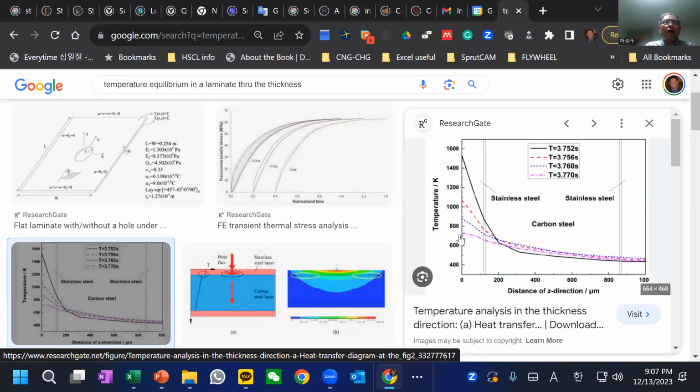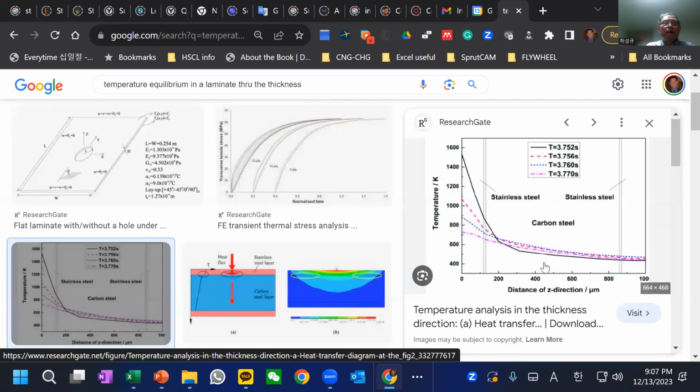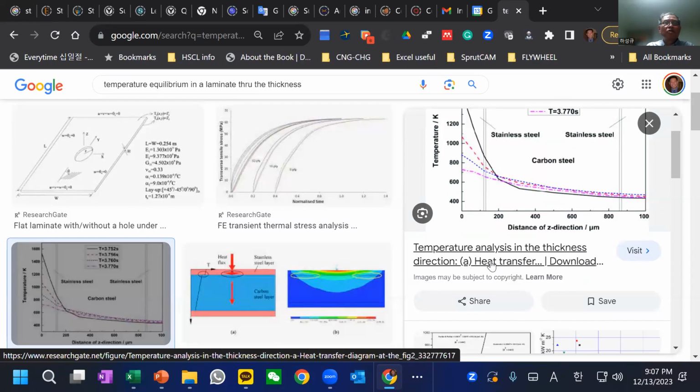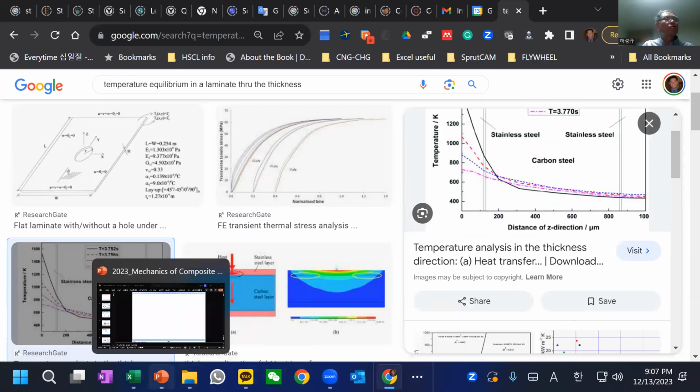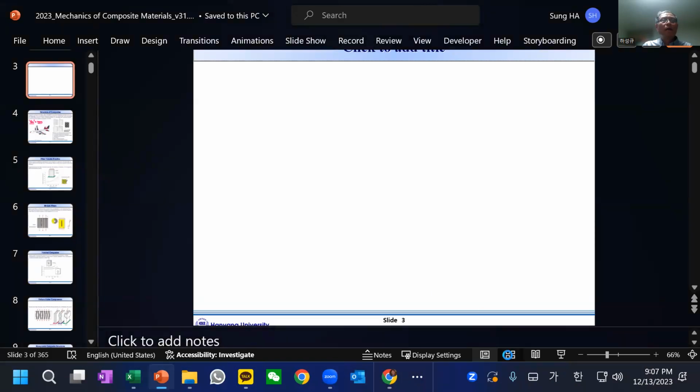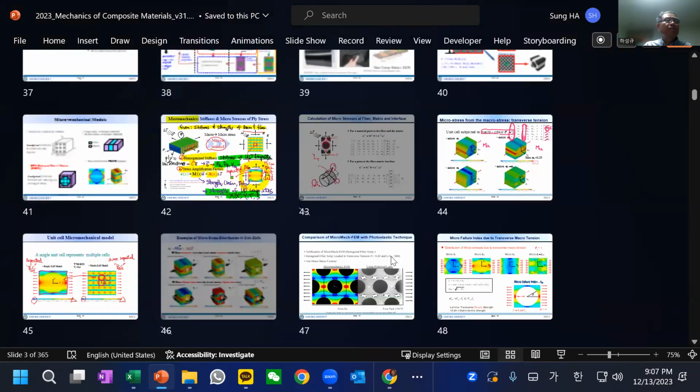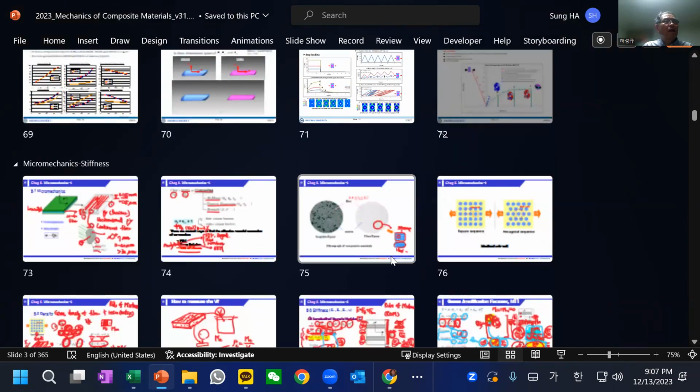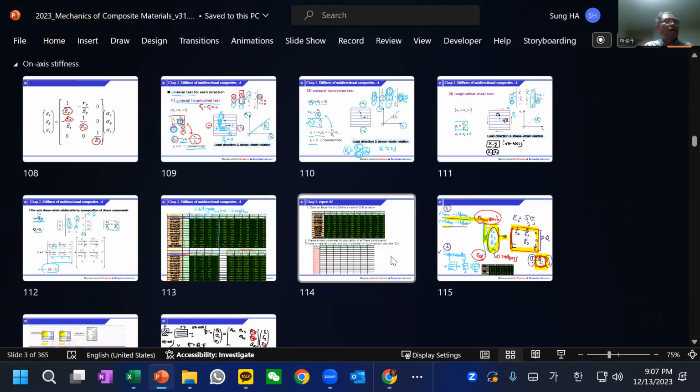Now, because of some boundary condition, the temperature distribution varies with time. This is time. As time goes by, the temperature distribution will change like that, because this is heat transfer. As I mentioned, you need to solve the temperature equilibrium. Conduction is usually simple.